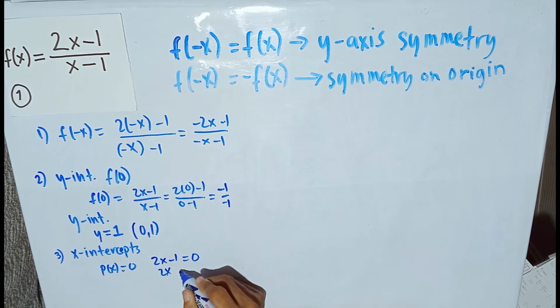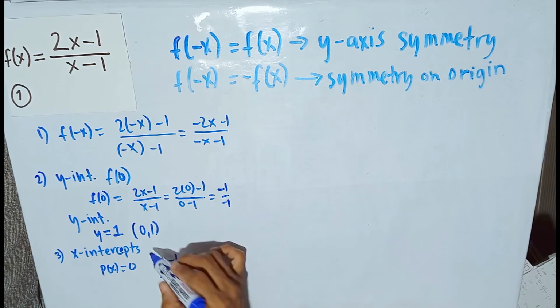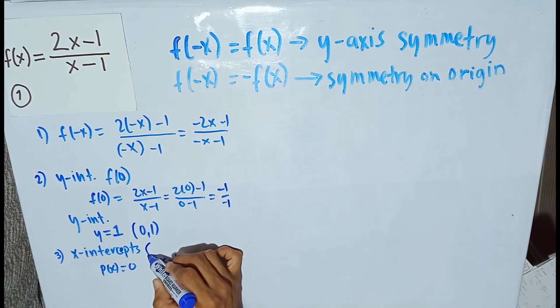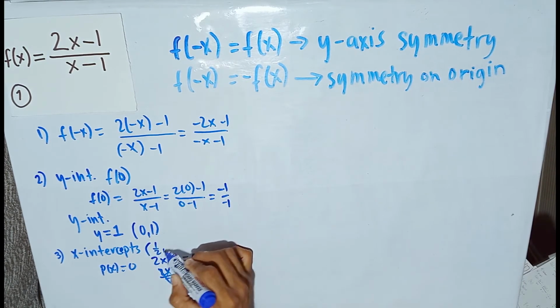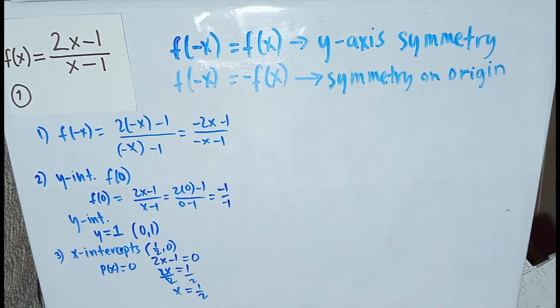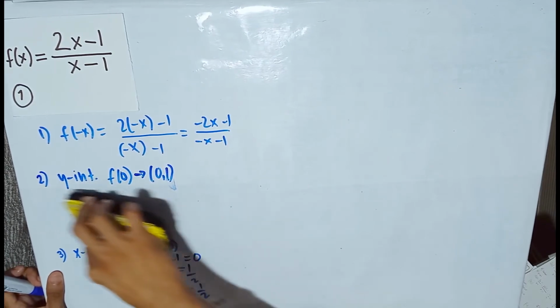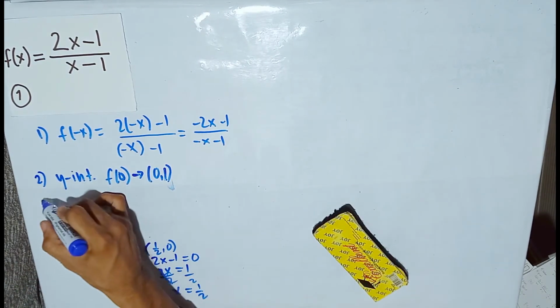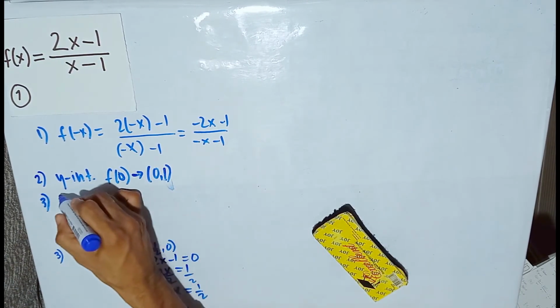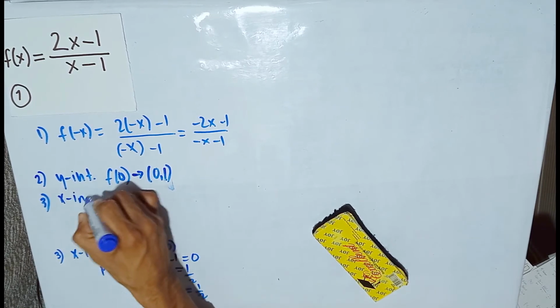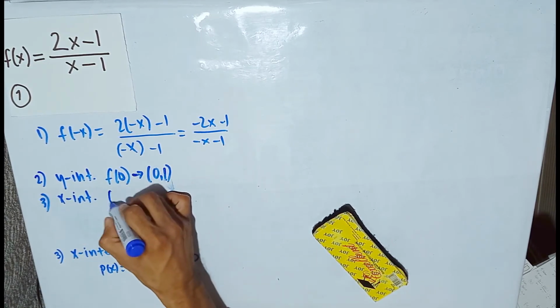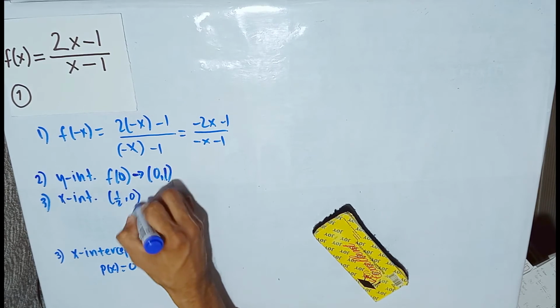So we have 2x is equal to positive 1, then divide both sides by 2. We have now 1/2. So our x-intercept has the ordered pair of 1/2 and 0. So erase na natin yung iba pa. Our x-intercept, number 3, is 1/2 and 0.